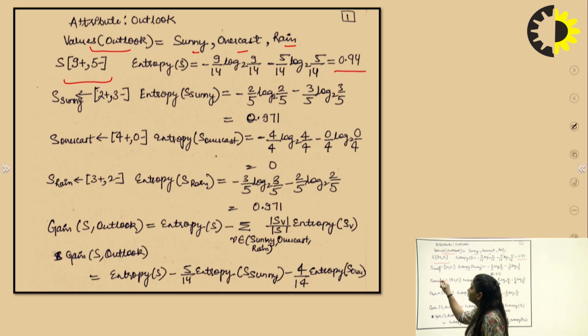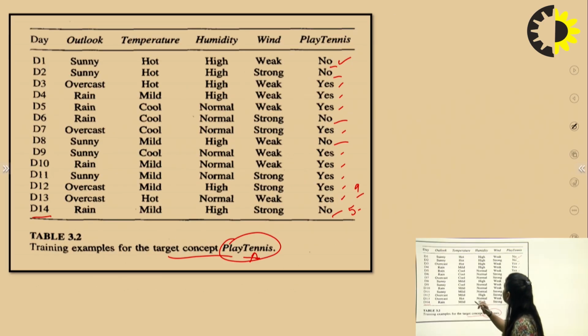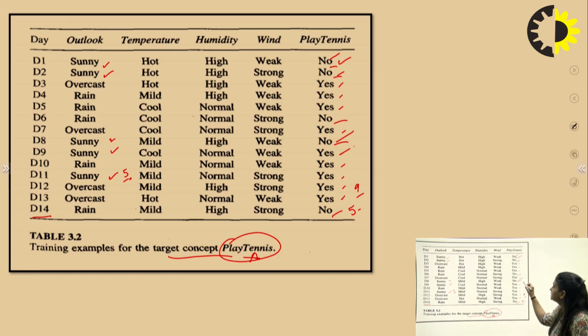Similarly, we need to calculate the entropy for each value, that is sunny, overcast and rain. Now if you look at the sunny examples, how many times does it occur? 1, 2, 3, 4 and 5. So 5 times we have sunny, and correspondingly the outcomes are no, no, no, yes, yes.